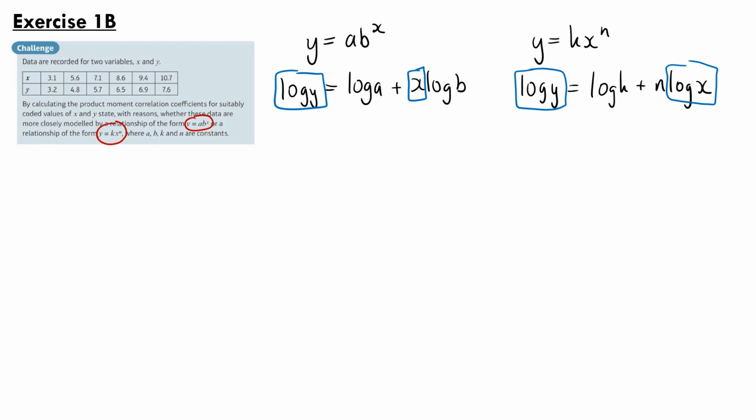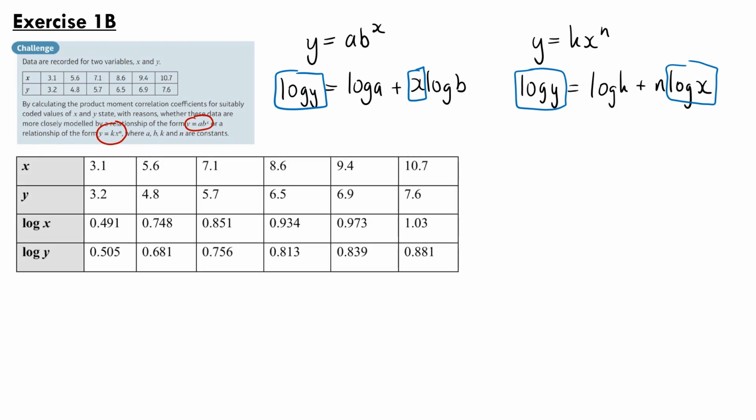Here's our table with the values for x, y, log of x, and log of y. For this first model, we put the values of x and log of y into a calculator to calculate the PMCC.